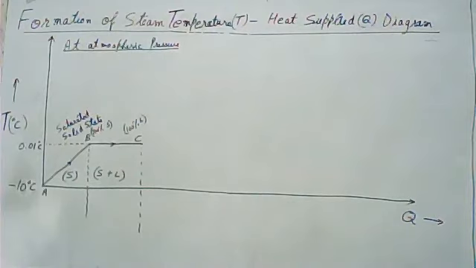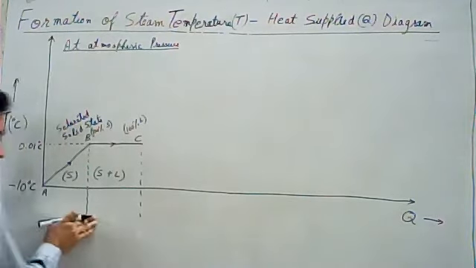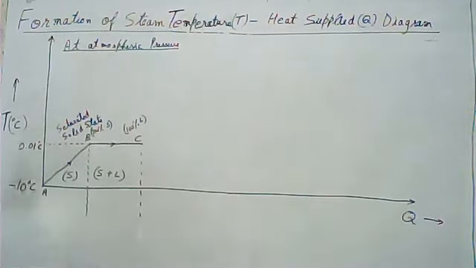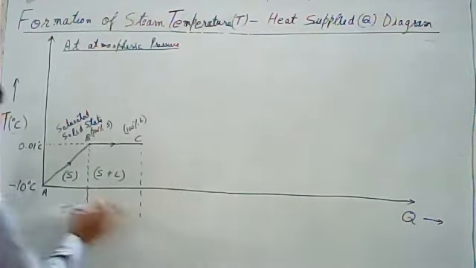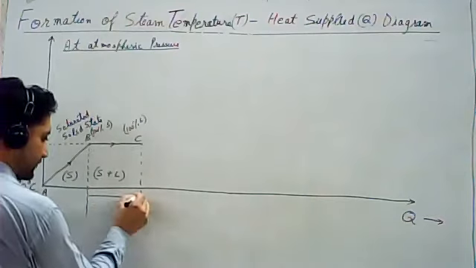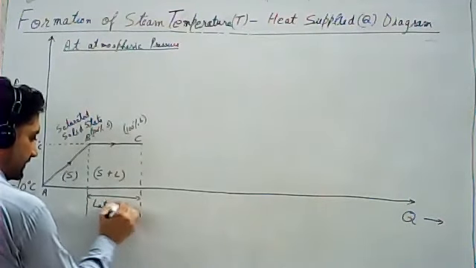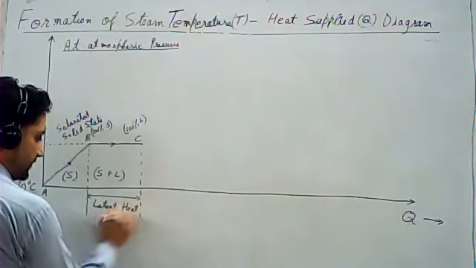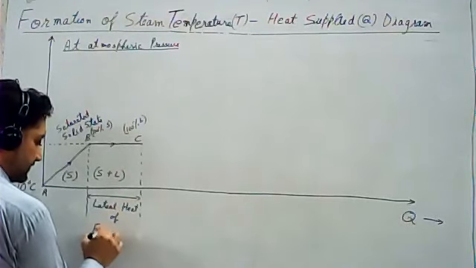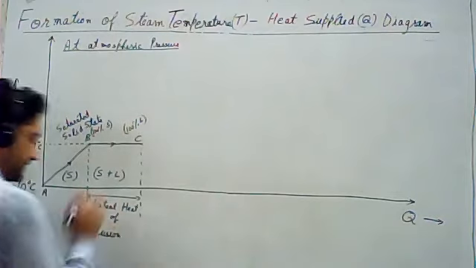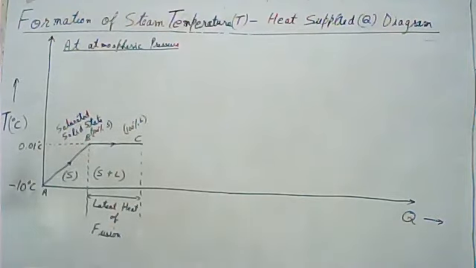Now, the heat required to convert solid ice into liquid from 0 degrees centigrade is known as latent heat of fusion. Okay. Now the conversion of solid ice into water is known as the fusion process.